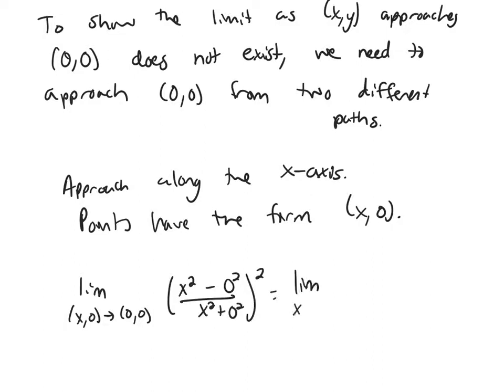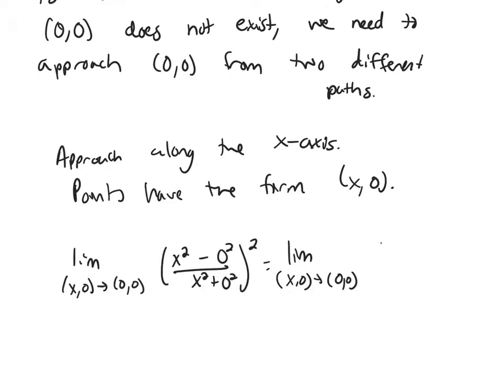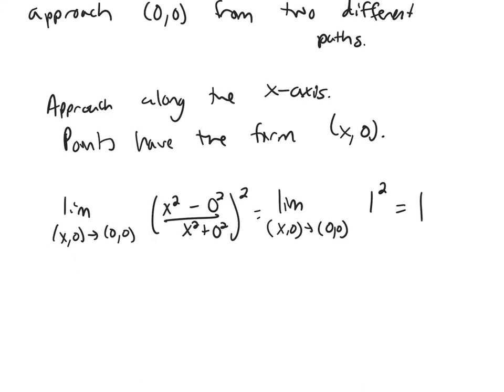And inside of the parentheses, you're going to be left with x squared over x squared, but that's just 1, squared, so I get 1. So this is my limit when I approach along the x-axis.